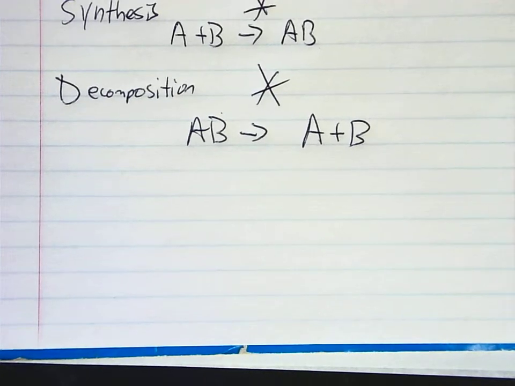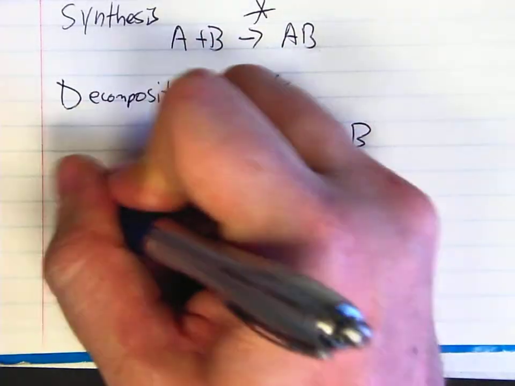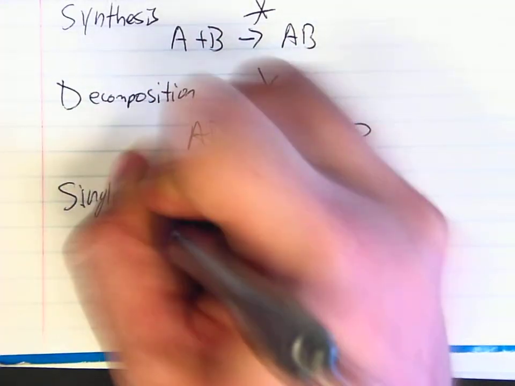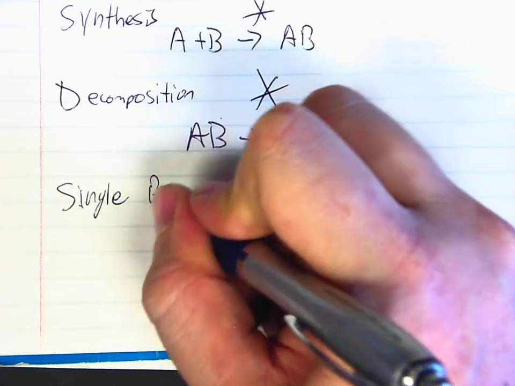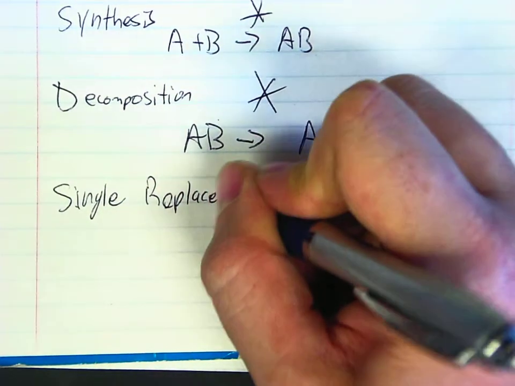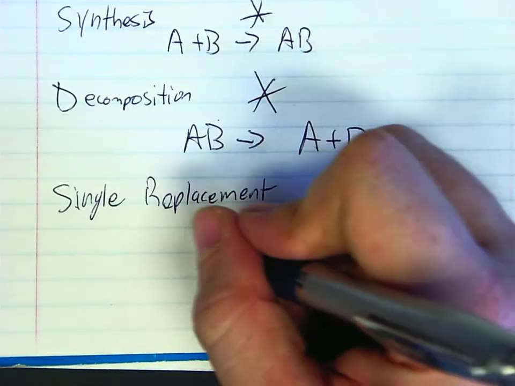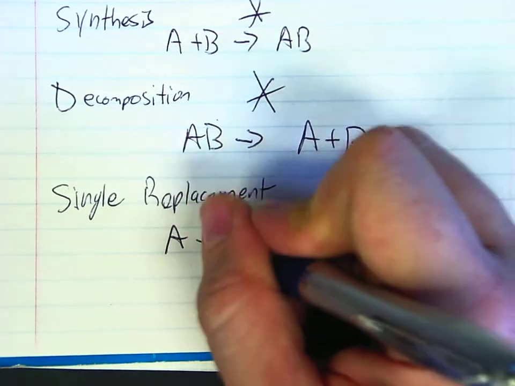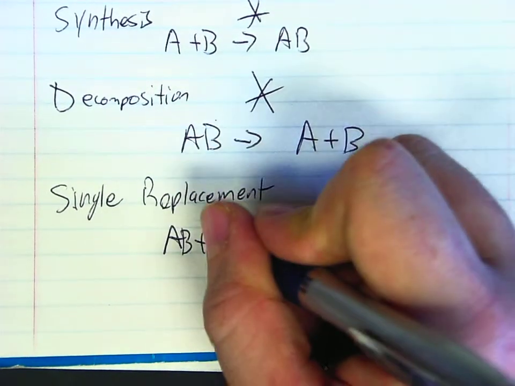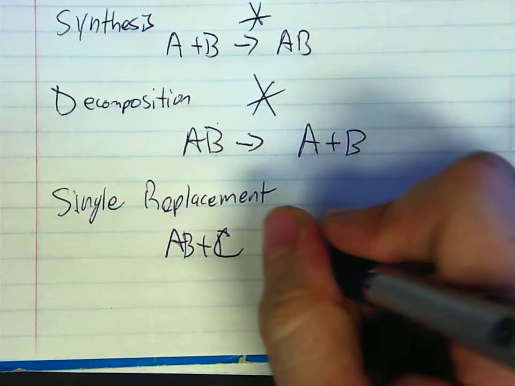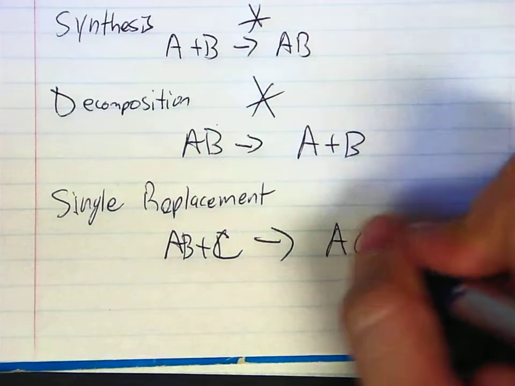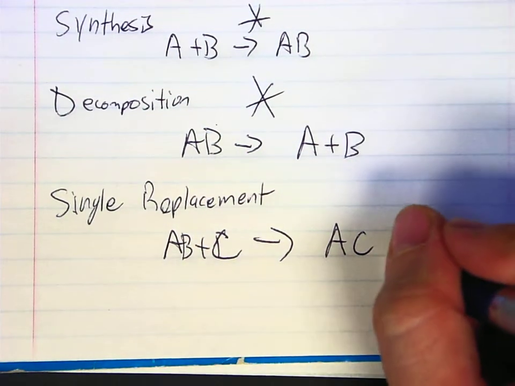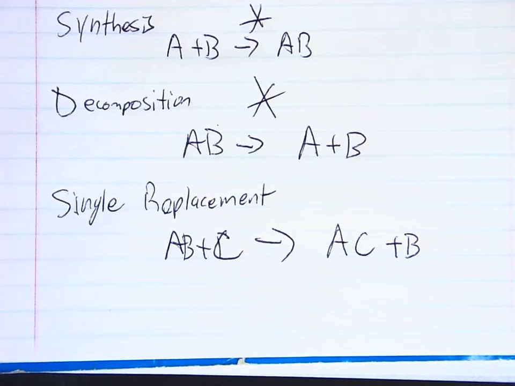The two other types of reactions that we're going to look at are a single replacement reaction, which is kind of like high school dating. If A and B are together and you have a third party, A stops dating B, starts dating C, and B is left all alone.